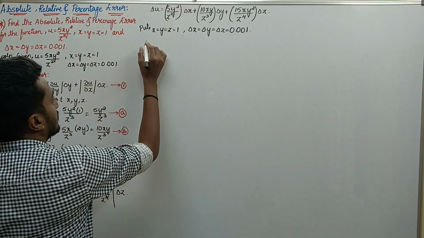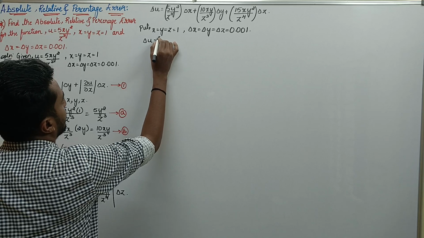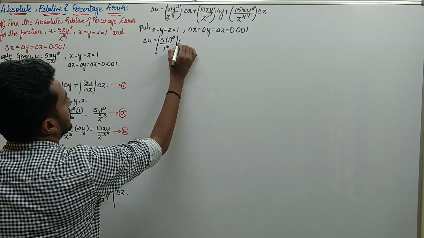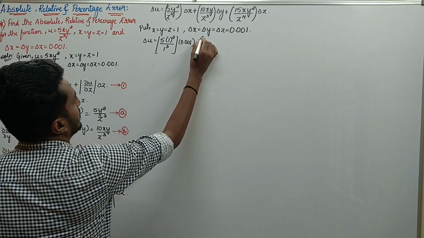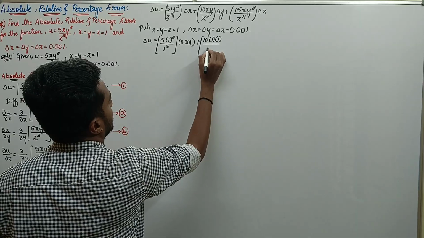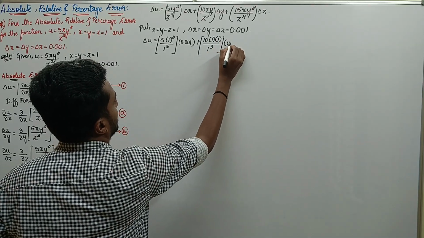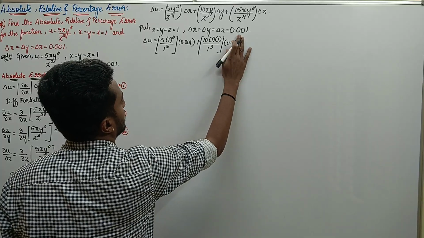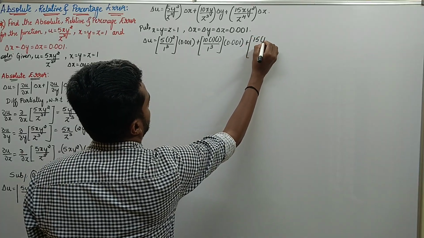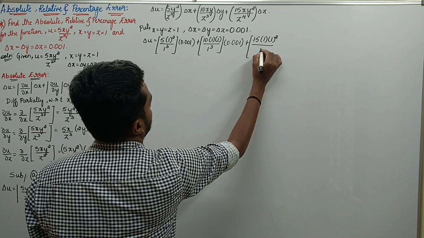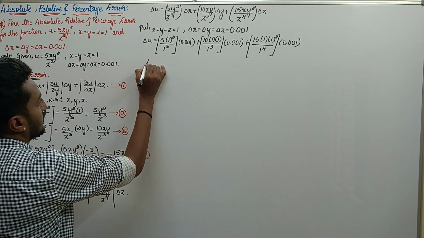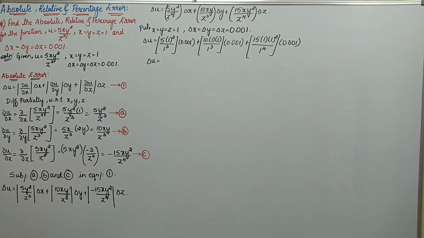Then now substitute this value in del u, that is del u, which is equal to 5 into 1 square divided by 1 cube into 0.001 plus 10 into 1 into 1 divided by 1 cube into 0.001 plus 15 into 1 into 1 square divided by 1 power of 4 into 0.001. Now, using the calculator, let us represent del u. Then it is very easy.